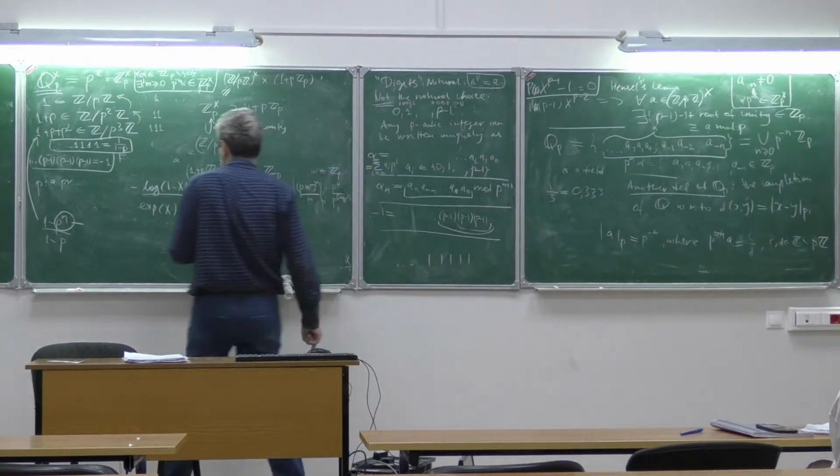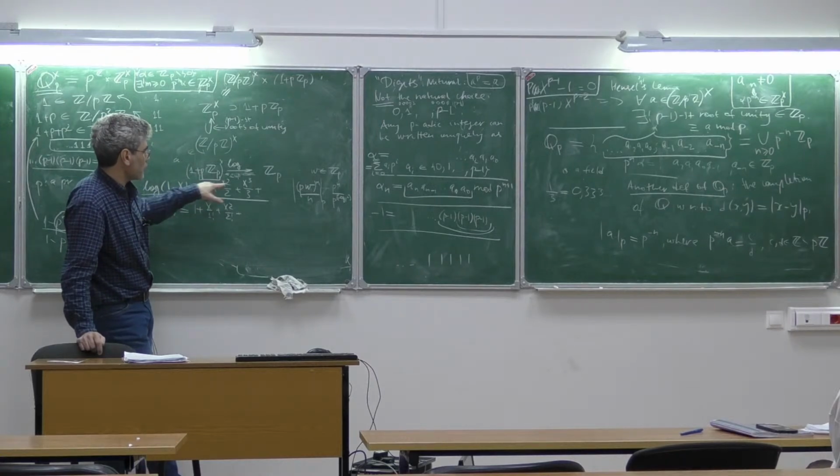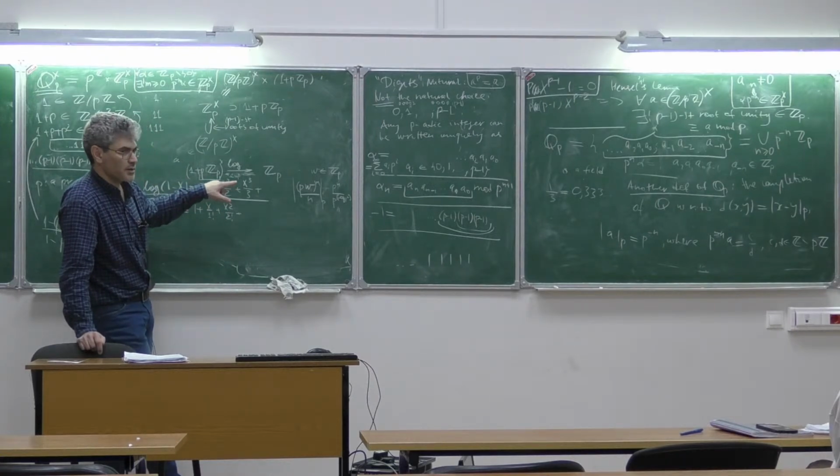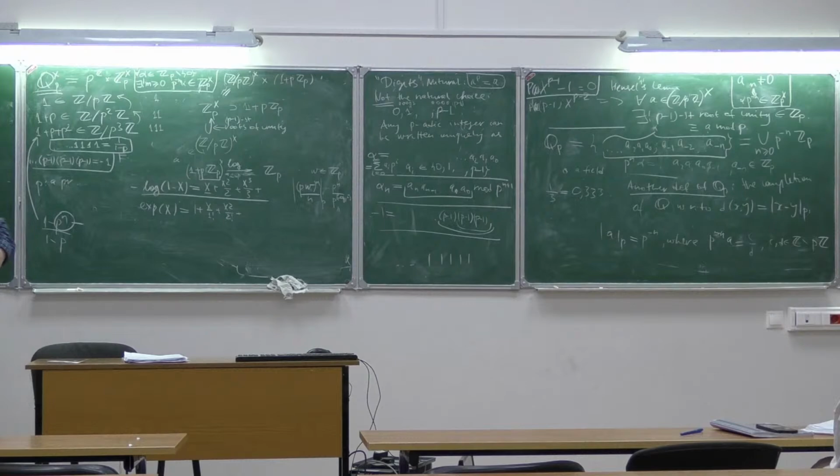Because, unlike the real situation, for the convergence of any series it's sufficient that the general term tends to 0. That's the funny property of non-Archimedean distance: if the general term of the series tends to 0, then the series converges.